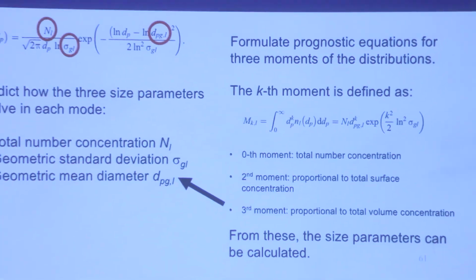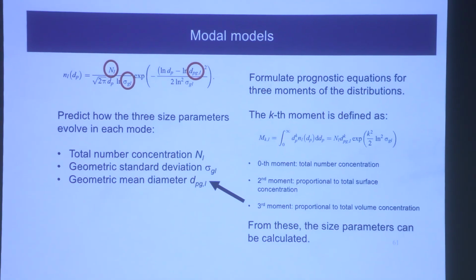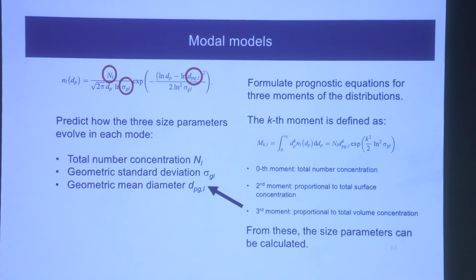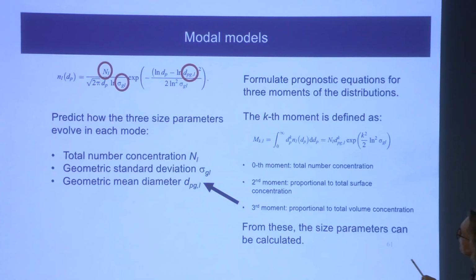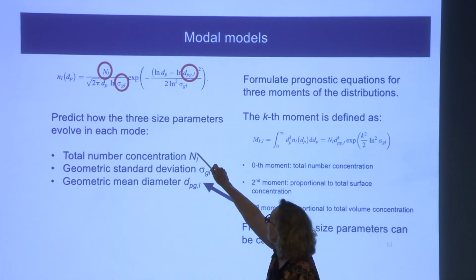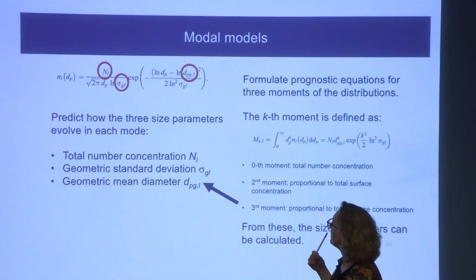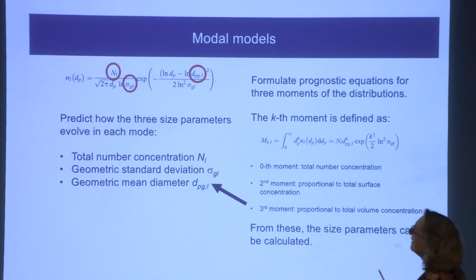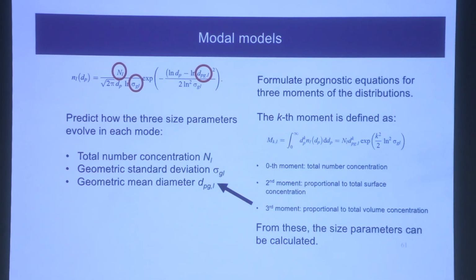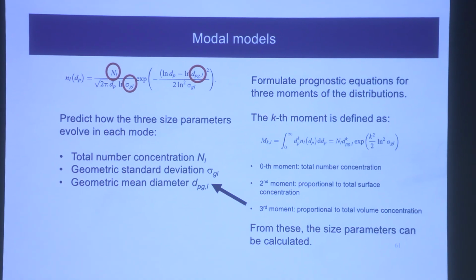If you think about a log normal distribution, what it comes down to is there are 3 free parameters that we need to figure out. It's the total number concentration, that's the capital N. It's the width of the distribution, that's the sigma. And it's the position, the geometric mean diameter, dpg, that determines what this mode looks like.